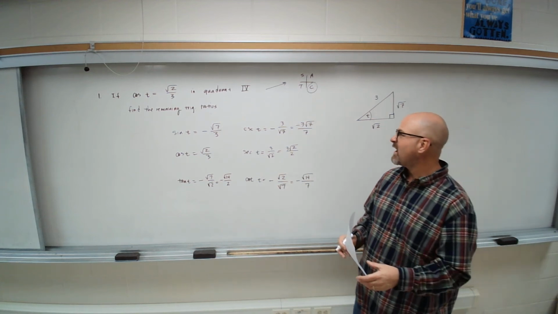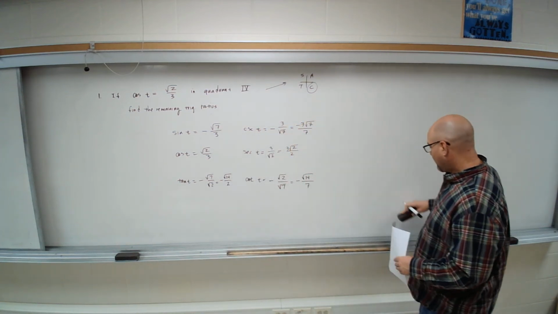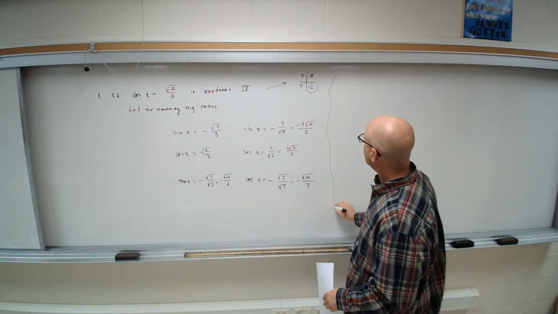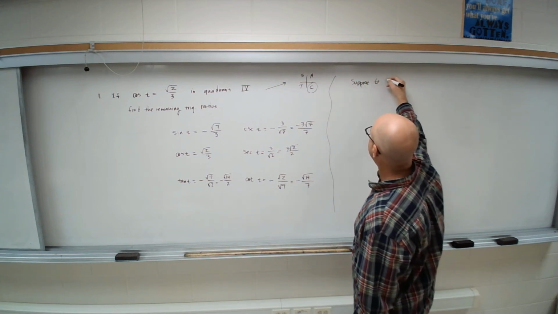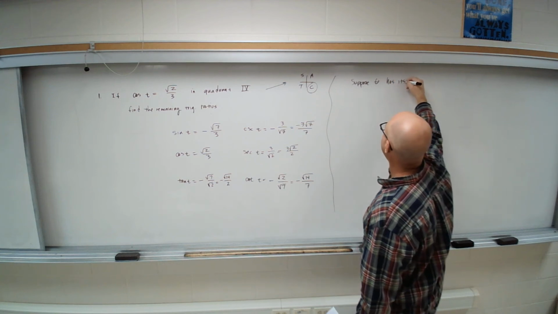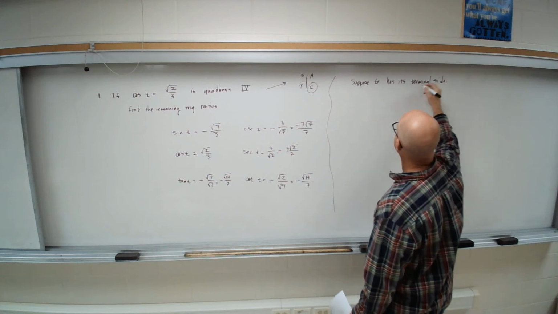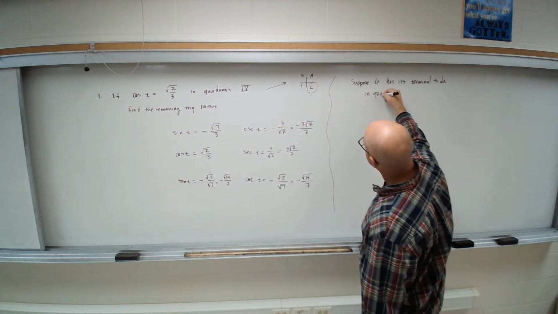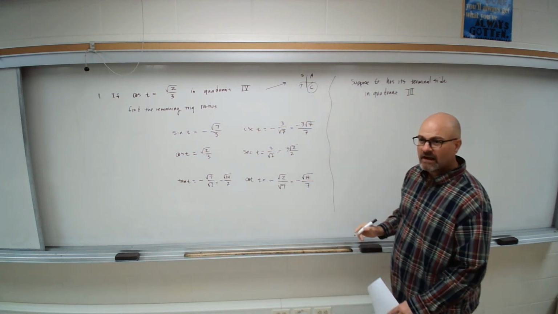The other type of problem that maybe we should look at here, kind of wrap it up, is sometimes, suppose theta has its terminal side in quadrant 3. Okay.